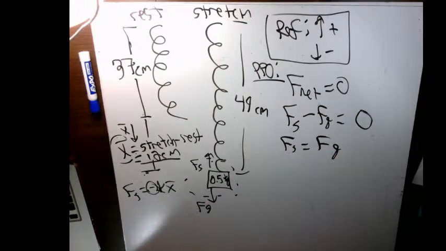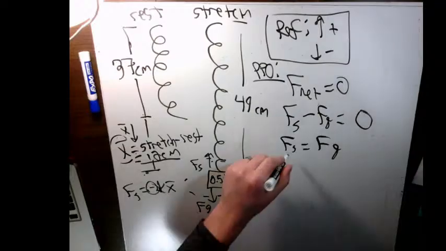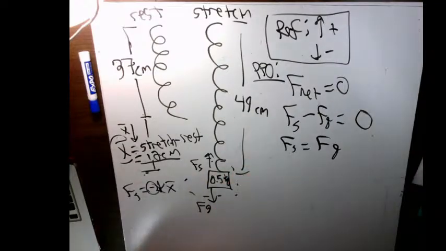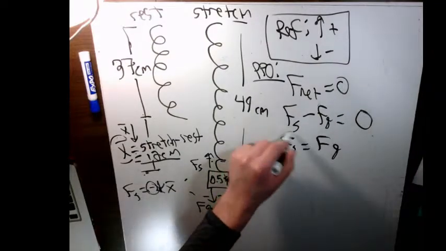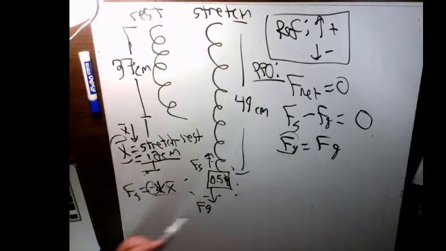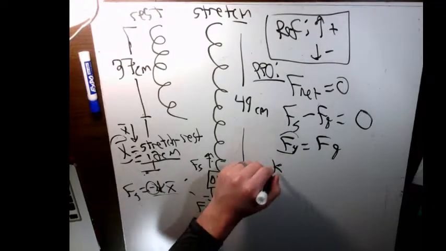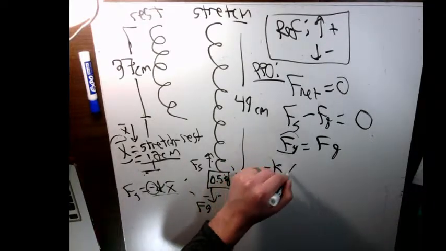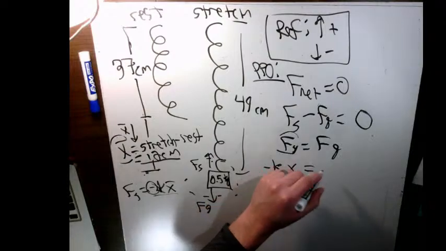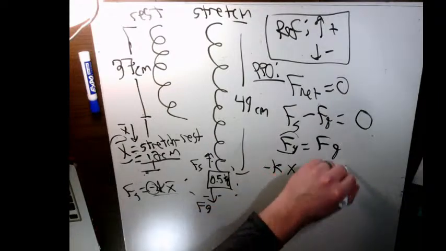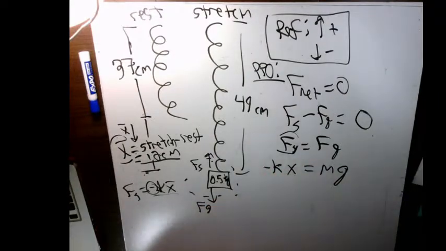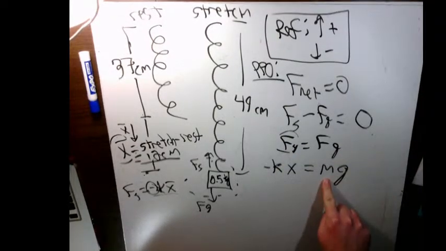The question wants us to determine the elastic energy, so we're going to break open this spring force into its components: negative spring constant k and x is equal to our mass and our gravity. Force of spring is equal to negative kx, force of gravity is equal to mass times gravity.